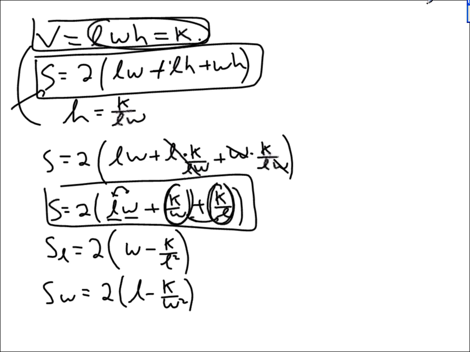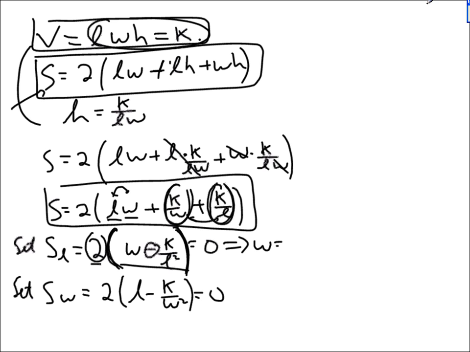And you want to set the partials equal to 0. Now, it's 2 times that equals 0. It's not the 2 that equals 0. It must be what's inside the brackets. Well, if a subtraction is 0, that means those two things are equal to one another. It certainly isn't the 2 that equals 0.